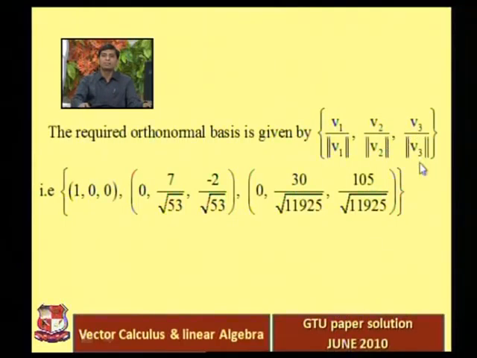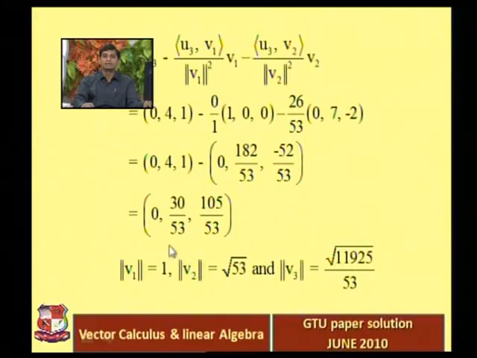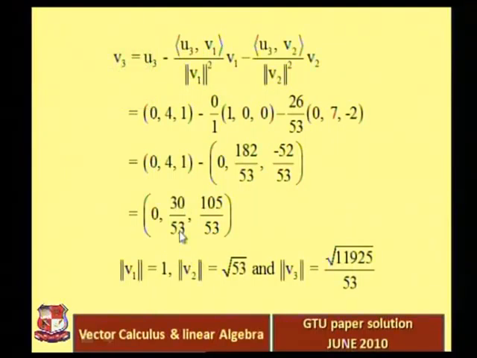Then V3 upon norm V3: V3 is (0, 30 by 53, 105 by 53), divided by its norm, under root 11925 upon 53.